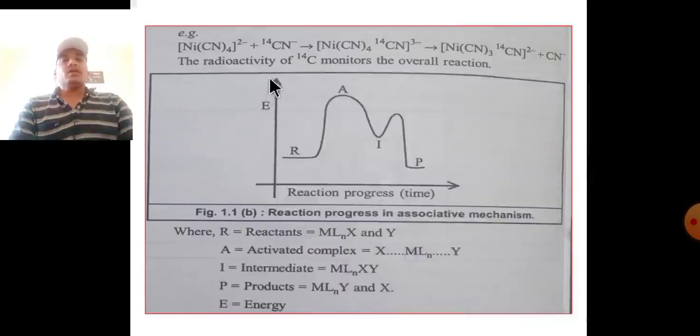An example using radioactivity is C14, used to monitor the overall reaction of cyano ligands.